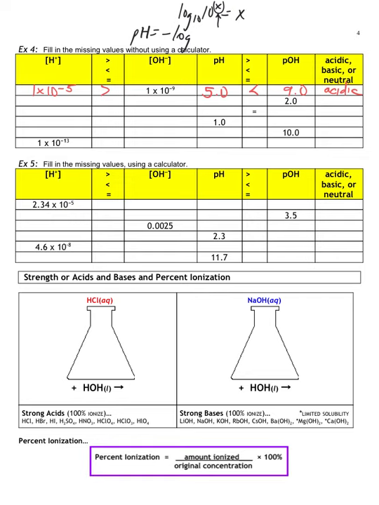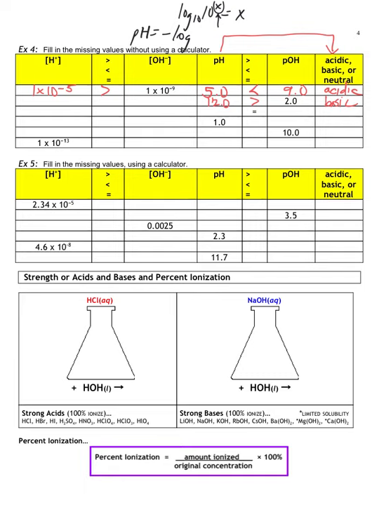I'll do a couple more. If the pOH is 2.0, I know my pH is going to be 12.0. It looks like my pH is greater than 7, and it looks like it's basic, if I go directly from the pH, using that to determine the acidity and basicity of my solution, or neutrality.